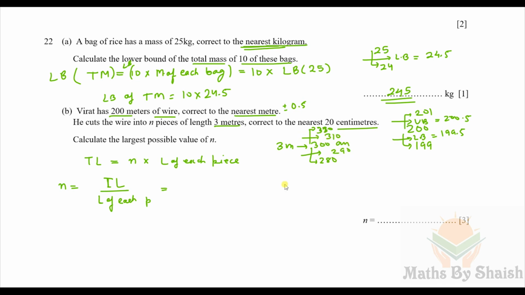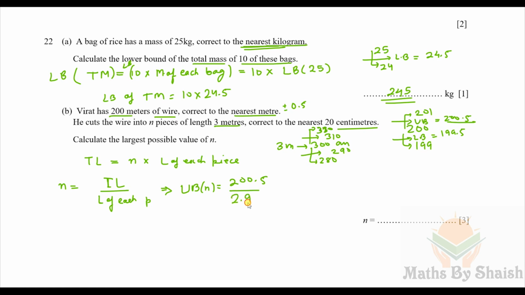Now we need to find the largest possible, meaning the upper bound of n, and the upper bound, in the division case, is the upper bound of the numerator upon the lower bound of the denominator. So the upper bound of the total length is 200.5 divided by the lower bound of the length of each piece, that is 290 centimeters, or we can say 2.9 meters.